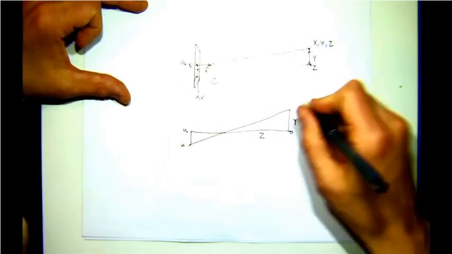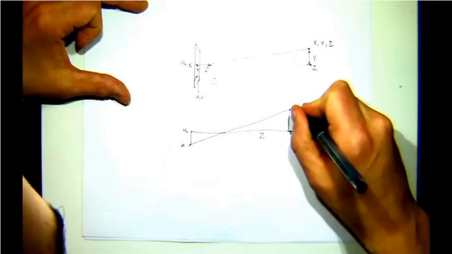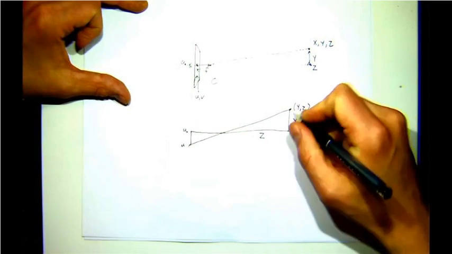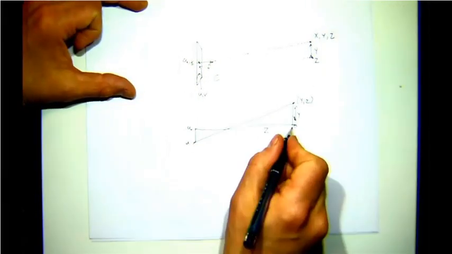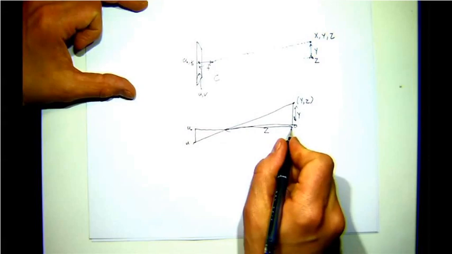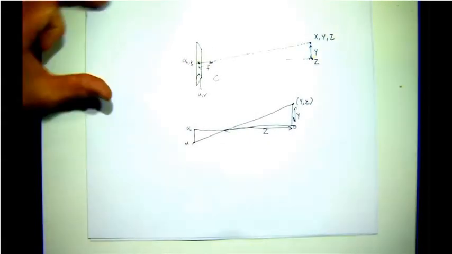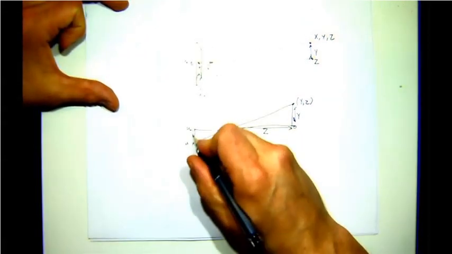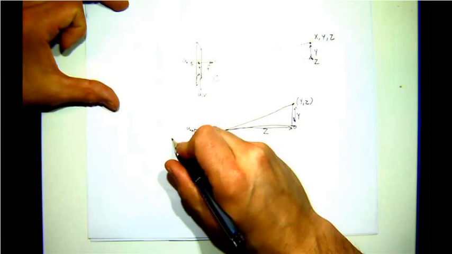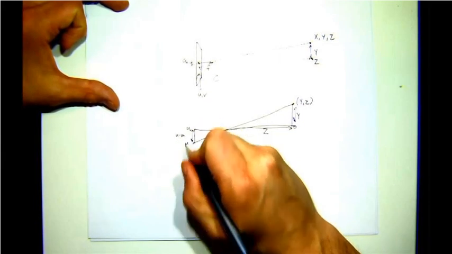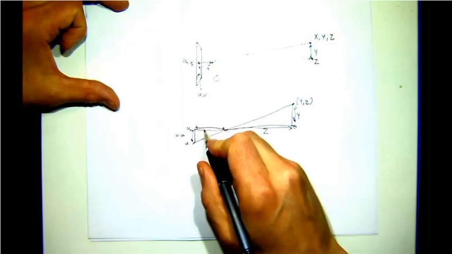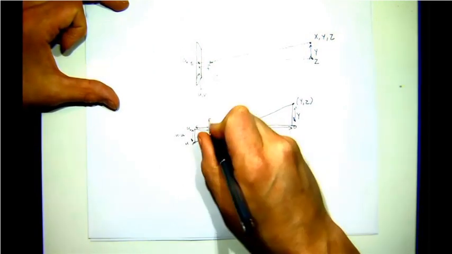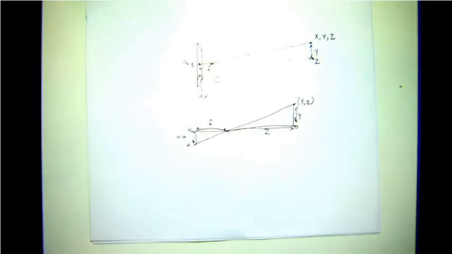So this point is at Y, Z, where Y is the vertical length, Z is the longitudinal length, and I've got this distance here, which is U minus U naught, and I've got this distance here, which is the distance of the image plane to the pinhole, and that distance is the focal length.